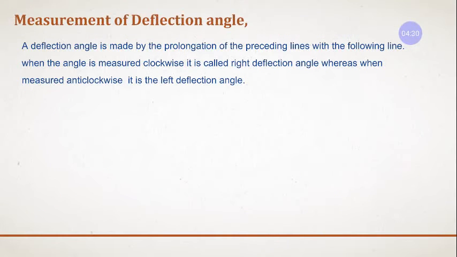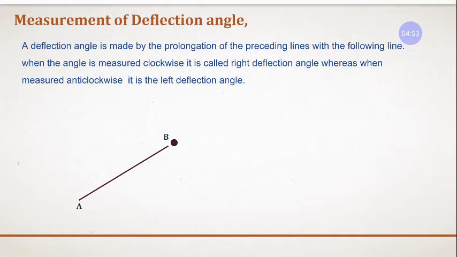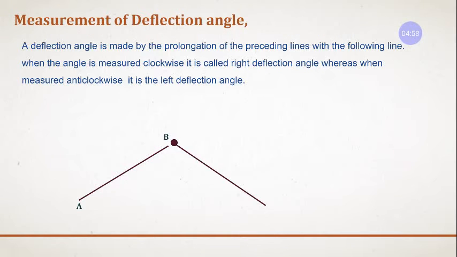Now we will study how to measure this angle with the help of the theodolite. This is your preceding line, say AB. This is your station point B, where your theodolite is kept. Then this is your following line.